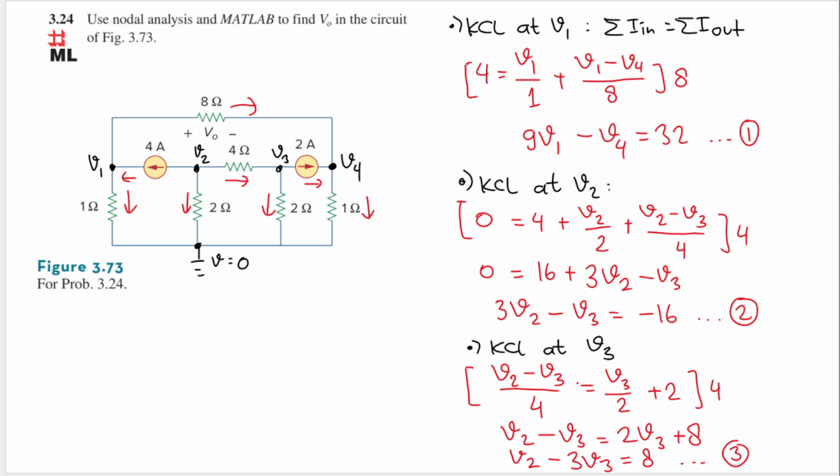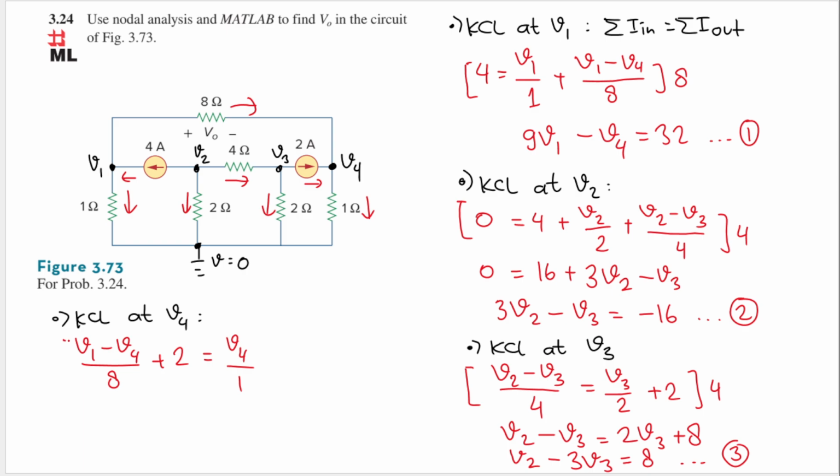Now the last equation, which is KCL at V4. There are two currents that go in, this one and this one. For this one, I will have V1 minus V4 divided by 8, and this one will be 2 ampere. That equals V4 divided by 1.